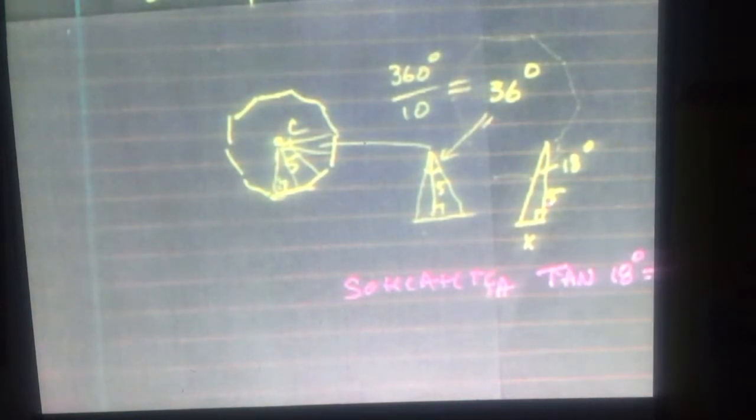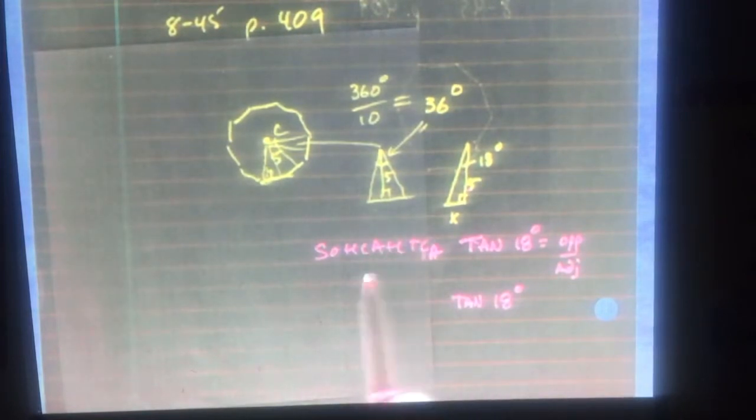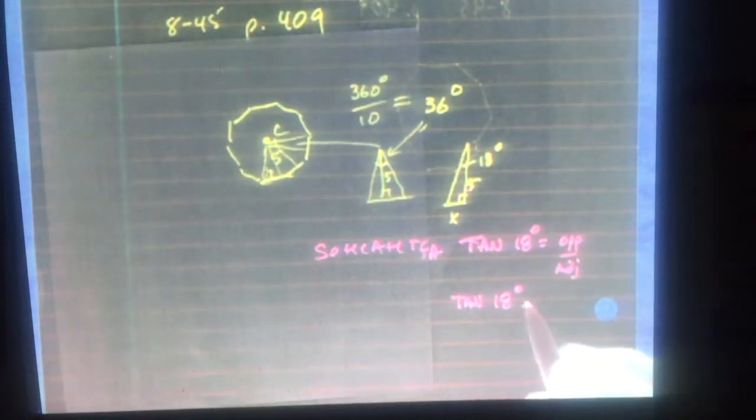We do already have the adjacent, 5, and we're looking for the opposite, x. So tan of 18 is x over 5.